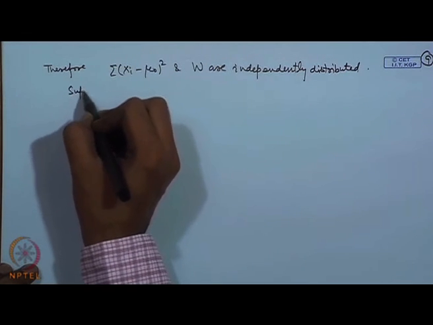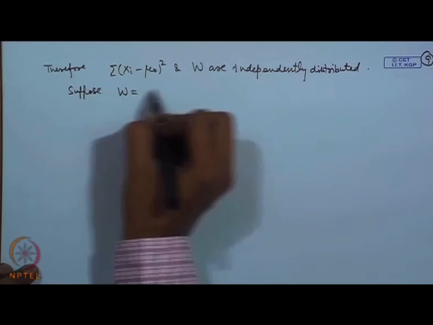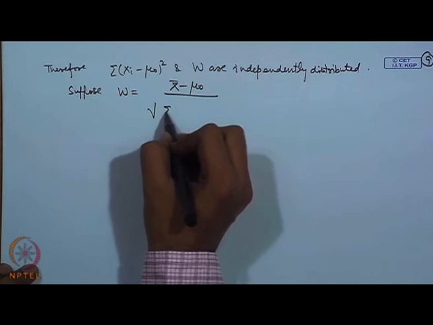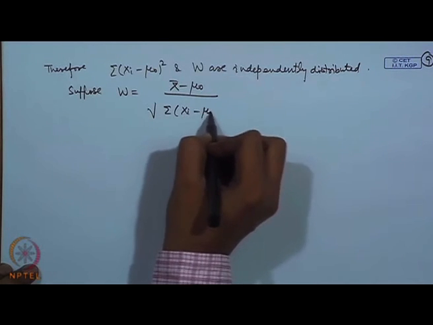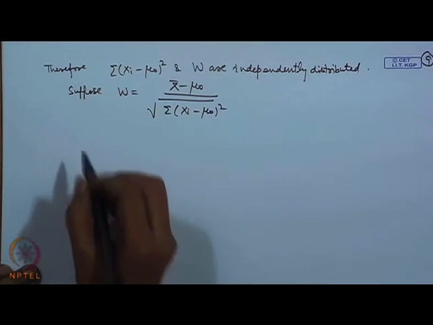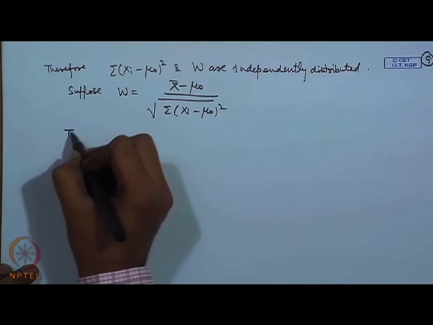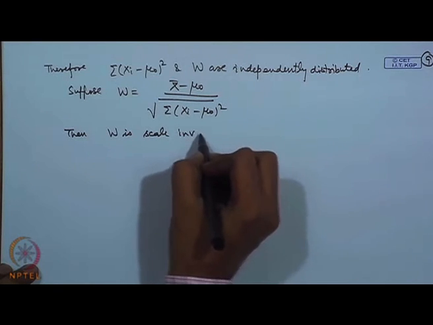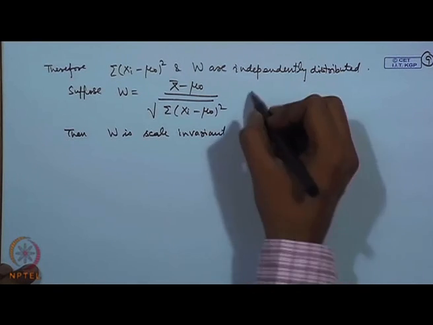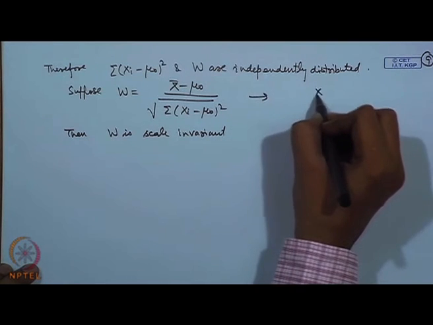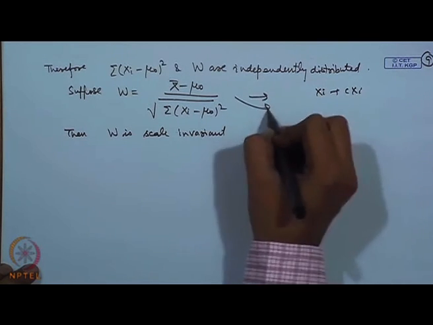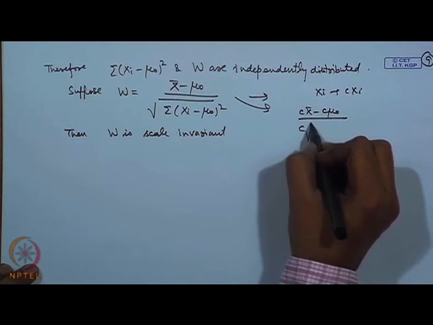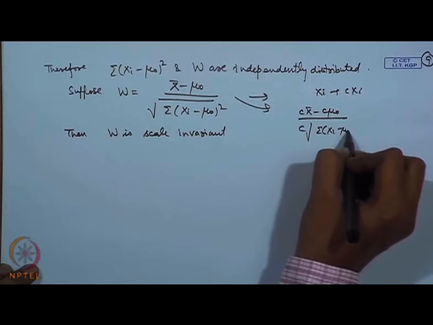Suppose I take w equal to x bar minus mu naught divided by square root of sigma x i minus mu naught square. Then w is scale invariant, because if I change x i to c x i, this does not change: c x bar minus c mu naught divided by c times square root of sigma x i minus mu naught square.